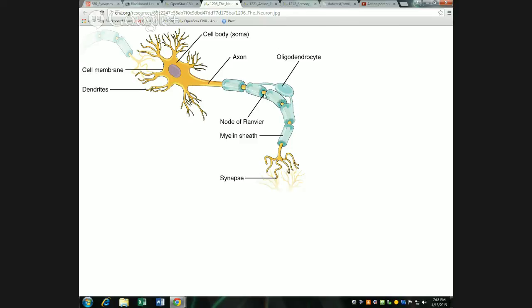Okay? I say that it's precisely the right distance because it's something that the system has adapted to. Myelinated axons are found in all sorts of animals. And so it's something that's been around for a very long time.